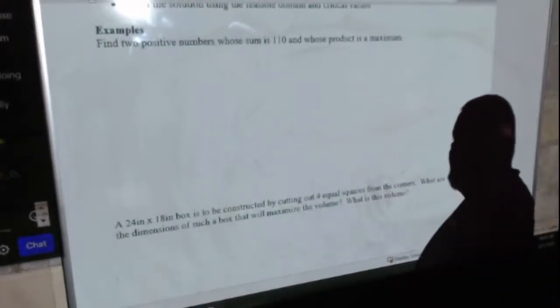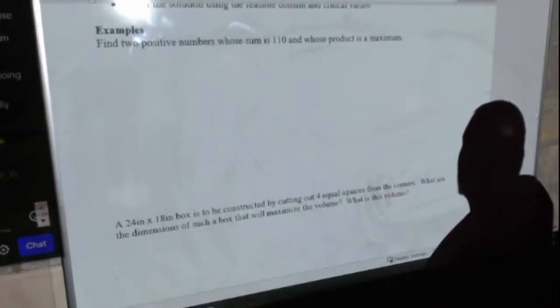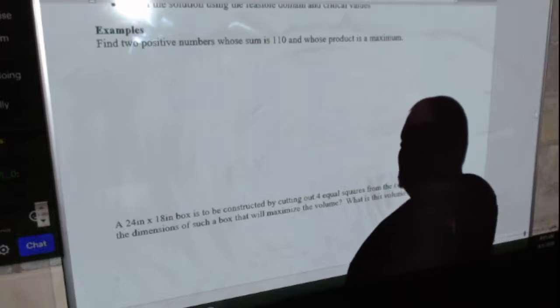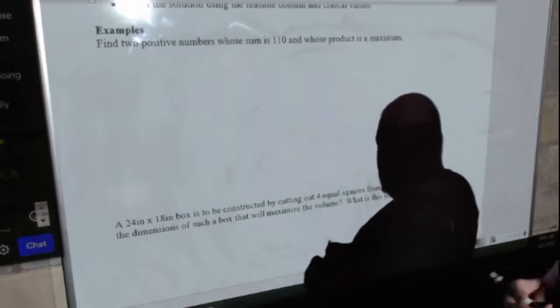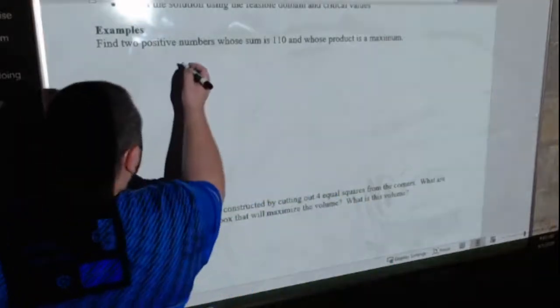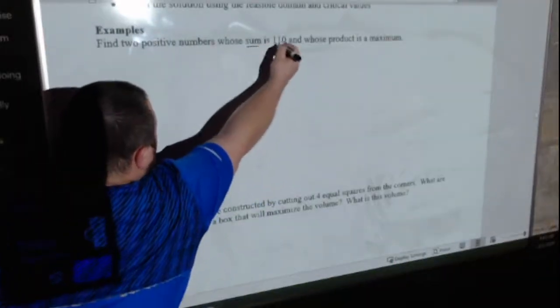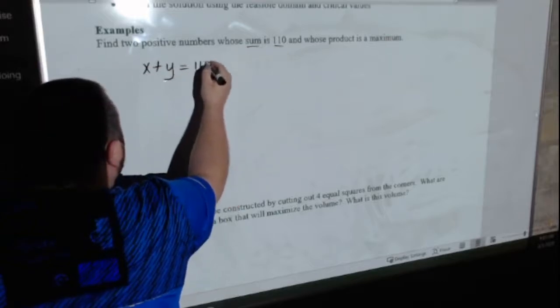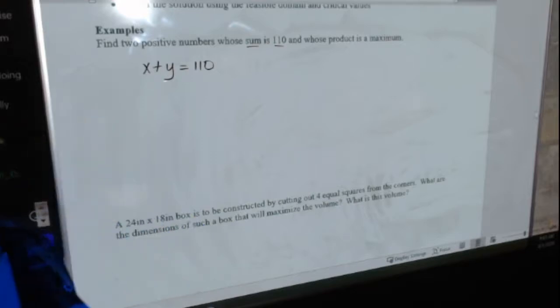All right. So the first one here says find two positive numbers whose sum is 110 and whose product is a maximum. So when we say two numbers, right, we typically use variables for those. Sum is 110. So I'm going to say x and y, and they have to add up to 110.